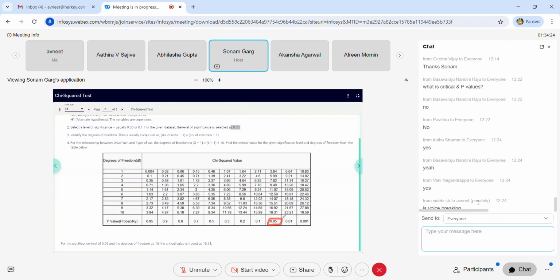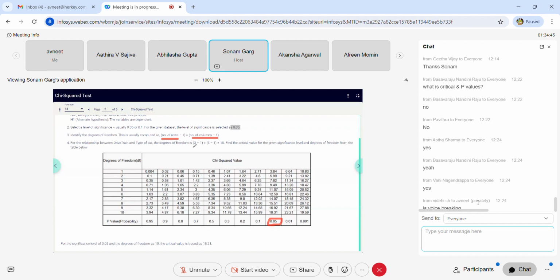Now it is dependent on the number of labels which you have in your x and y. If you go back and check page number 1, the number of rows was the number of labels in x, and the number of columns is the number of labels in y.